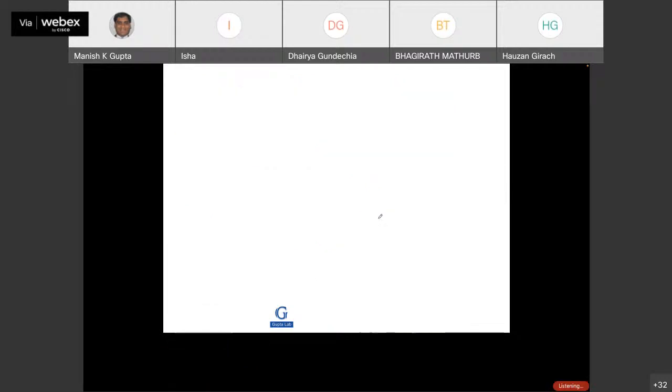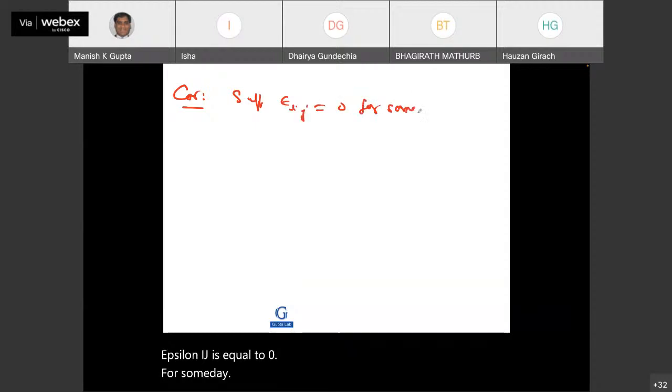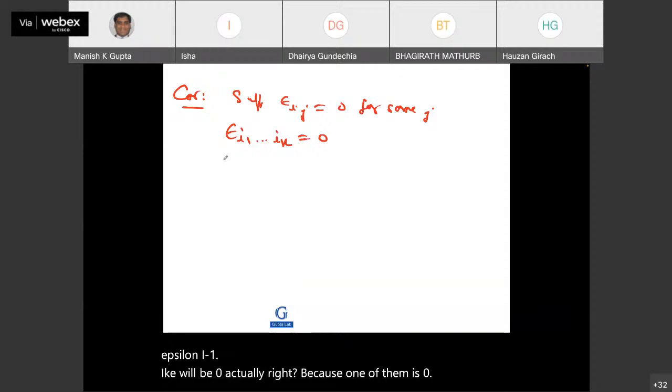One corollary to this bias: suppose epsilon ij is equal to 0 for some j, then epsilon i1...ik will be 0, because one of them is 0.